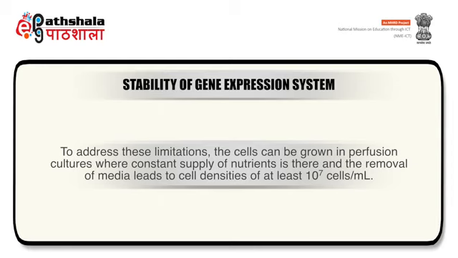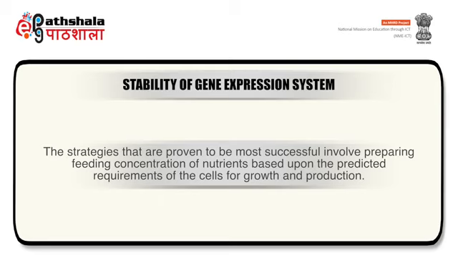To address these limitations, the cells can be grown in perfusion cultures, where a constant supply of nutrients and the removal of media lead to cell densities of at least 10⁻10 cells per ml. The strategies that have proven most successful involve preparing feeding concentrations of nutrients based upon the predicted requirement of the cells for growth and production.